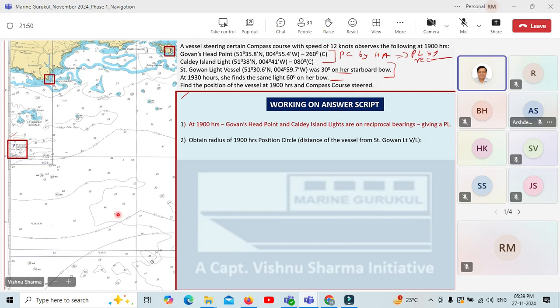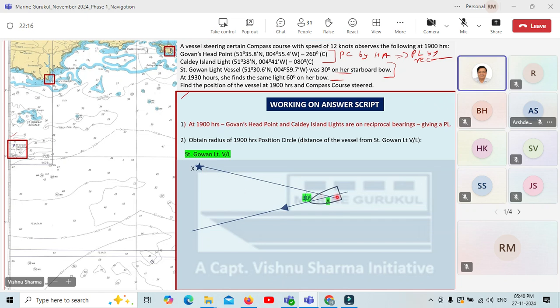And how do we find that? You see, this is Saint Govan light vessel. Let us say the vessel is steering this course. Let us say this is the CTS. At 1900, this Saint Govan light vessel is 30 degrees on the starboard bow. So the vessel would be somewhere at point A, and this angle is 30 degrees on the starboard bow.